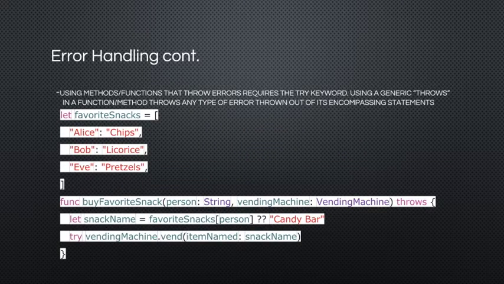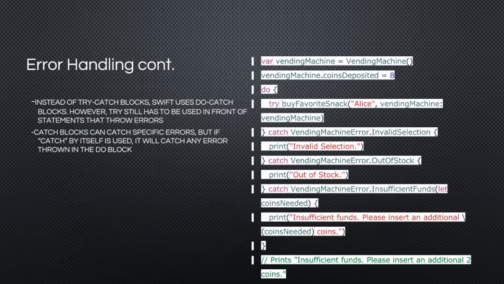This is just another function that throws, and use the try right there. One difference between error handling and exception handling in Java is that you actually have to say it's a do block rather than a try block in this language, and every statement that could possibly throw an error is going to have a try in front of it.